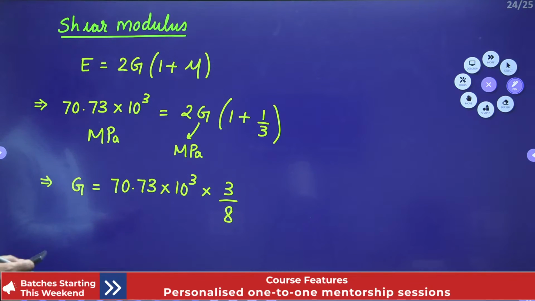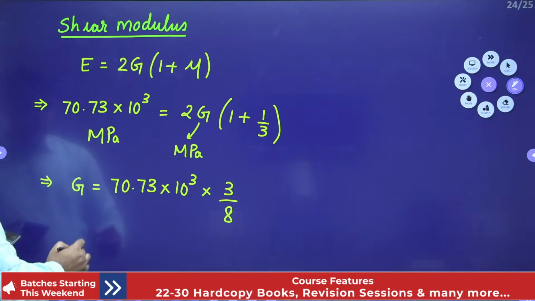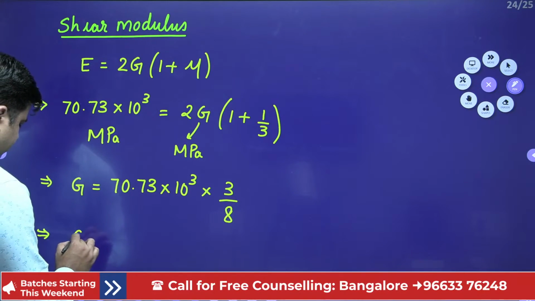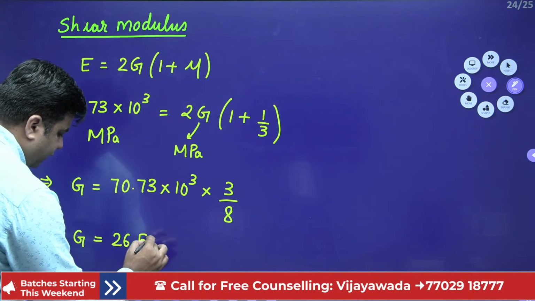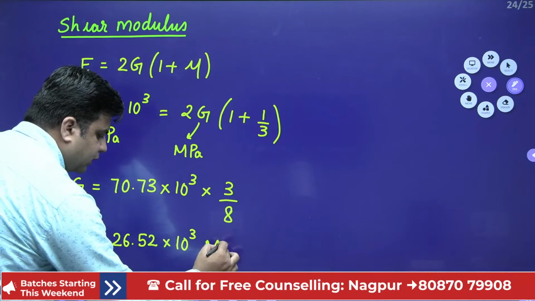So 70.73 into 3 divided by 8 is 26.52. The value of G comes out to be 26.52 into 10 raised to power 3 megapascal.